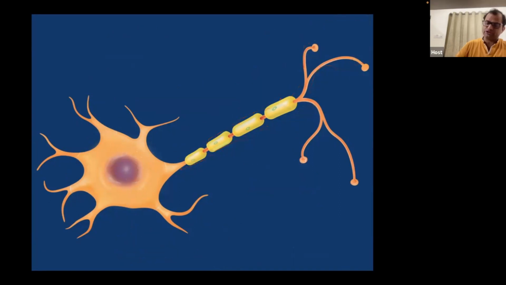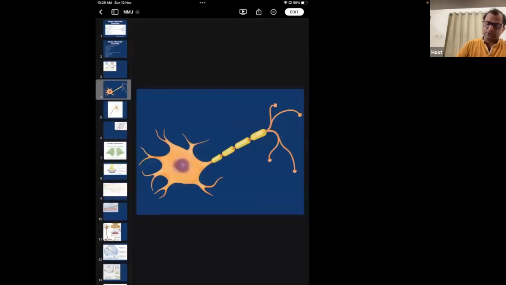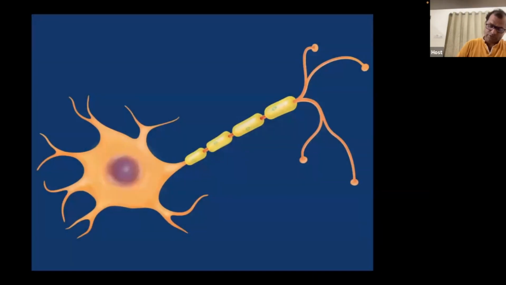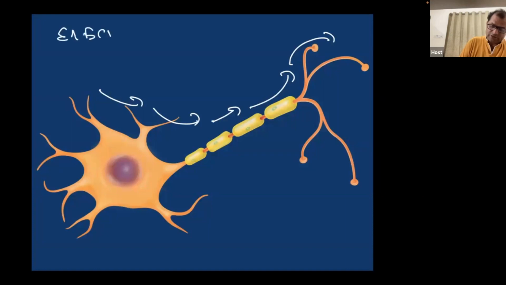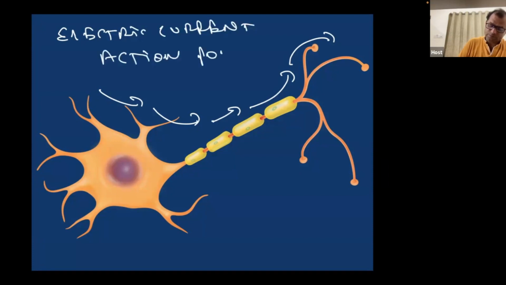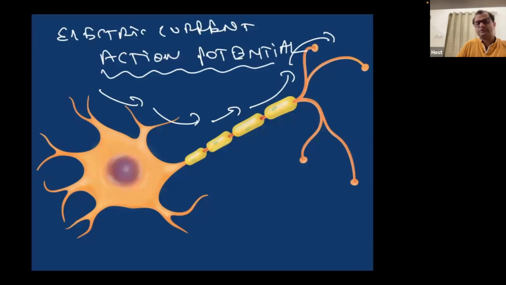What is the meaning of action potential? When the electric current is passing from the cell body to the nerve ending, this electric current is called action potential, because this electric current will do the movement afterward.